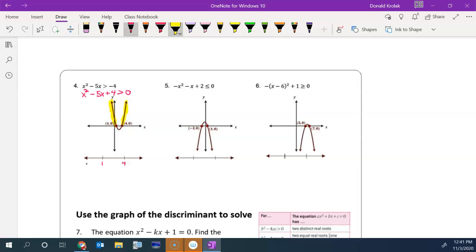So any x value to the right of 4, I would write like this: x is greater than 4. If I was writing that in interval notation, I would go parentheses 4, infinity.